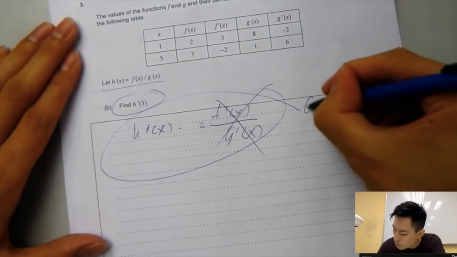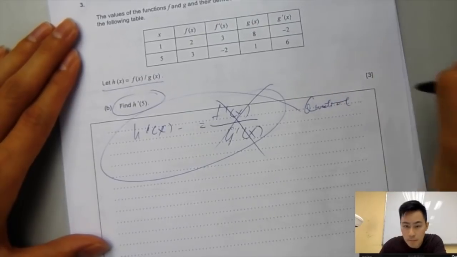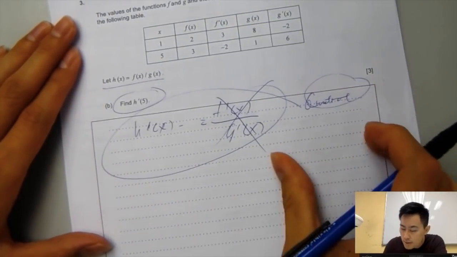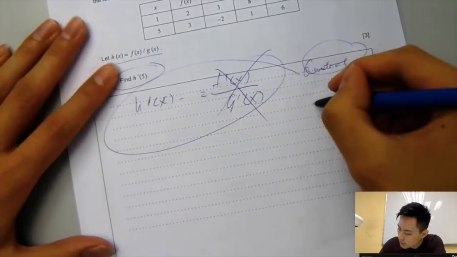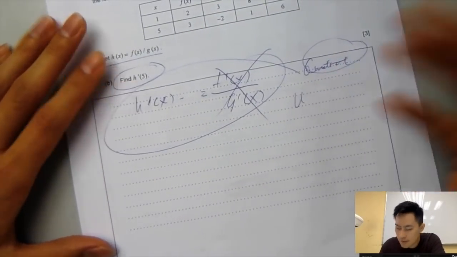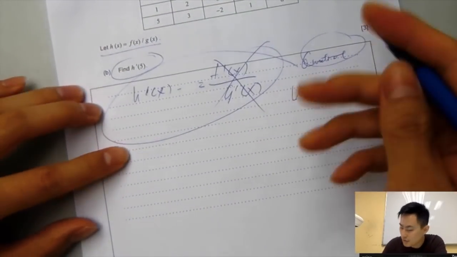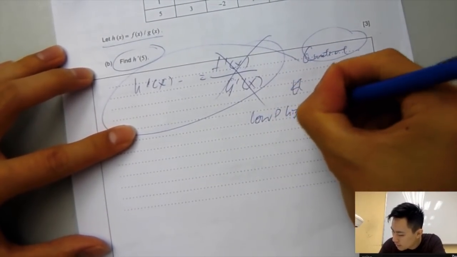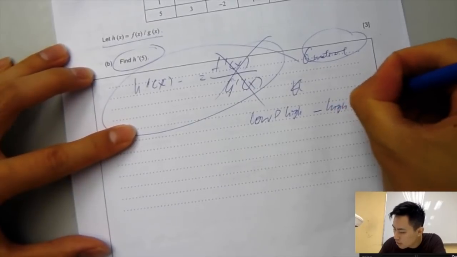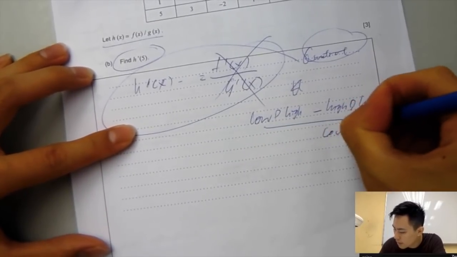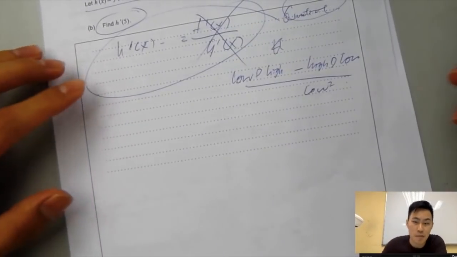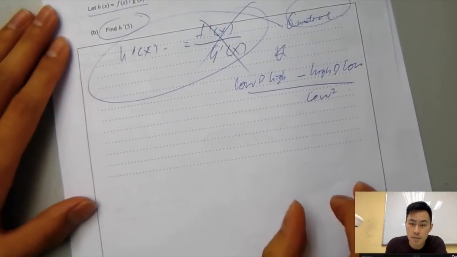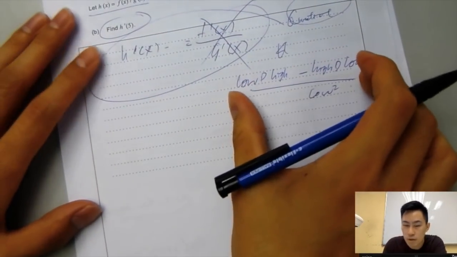Because the quotient rule, if you remember, is always low d high. This is how I memorize it. Let me read it out first: low d high minus high d low, over low squared. That's the ultimate trick for me to memorize. Of course you can refer to the data booklet, but I'll explain what it means.